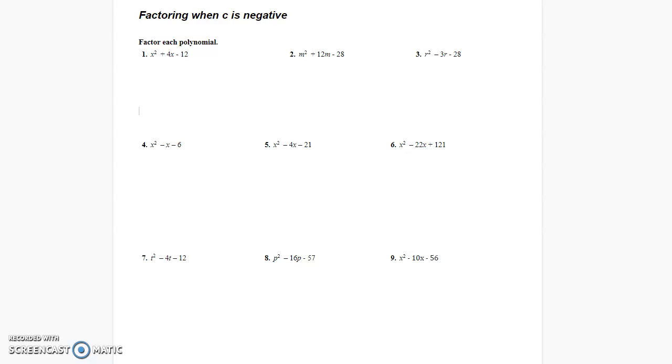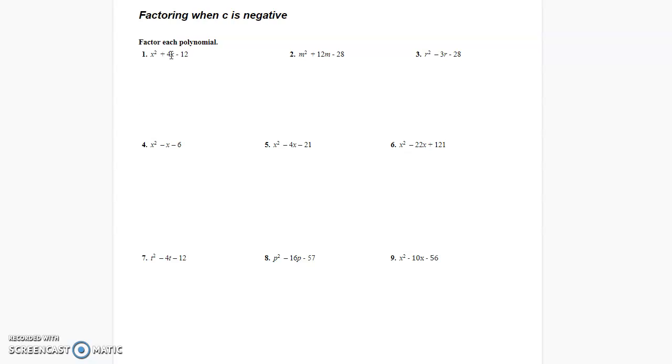Okay, so just like yesterday, you want to find the factors of the number all by itself on the far right, and the sum of those factors has to add up to the thing in the middle. Now with negative numbers, it's a little bit different, because to create a negative number as the product, it has to be a negative number times a positive number.